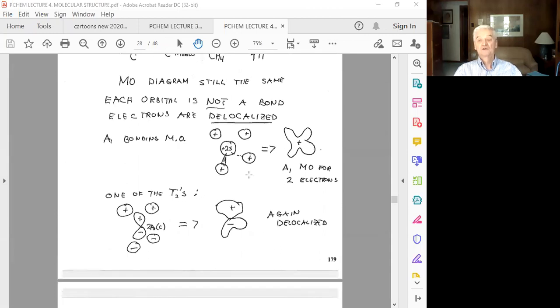So this is our lowest energy bonding orbital that we have in methane. So 2s orbital from the carbon, and then 1s orbitals from each of the hydrogens. And notice each one has a plus sign.